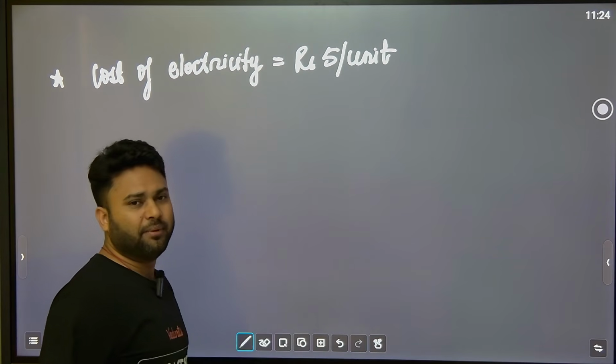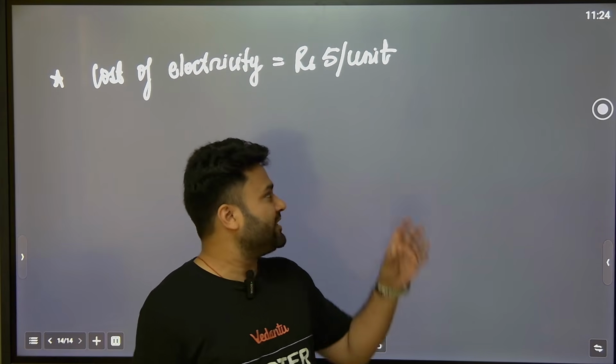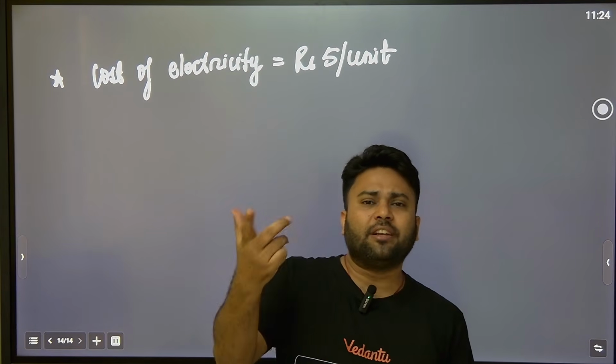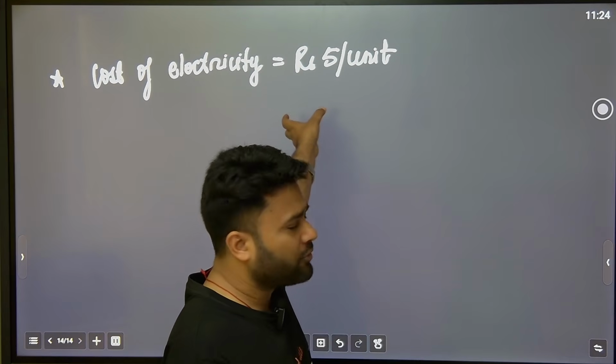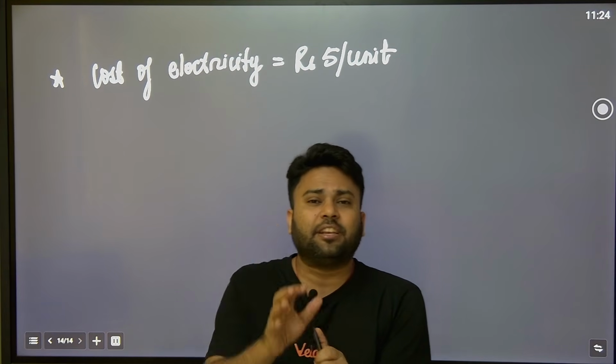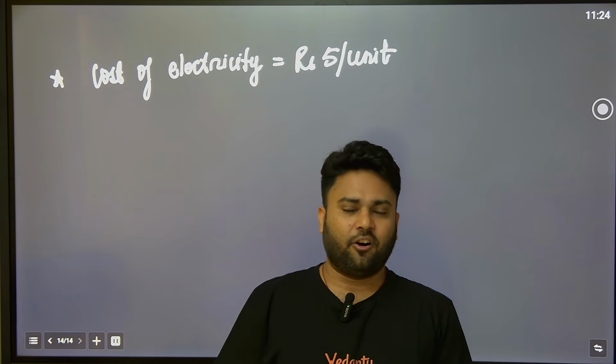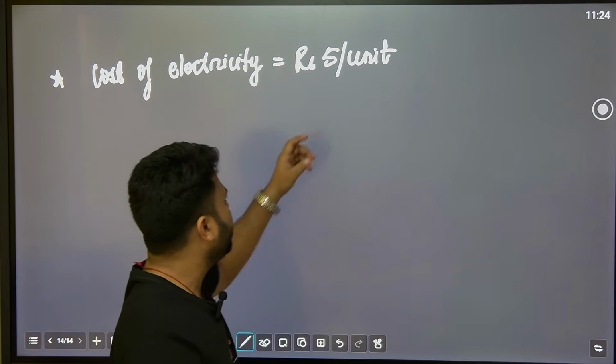What does this mean? Means if you consume 1 unit, they will charge rupees 5. Means if you consume 1 kilowatt hour, they will charge rupees 5. Means if you consume 3.6 into 10 power 6 joule of energy, they will charge rupees 5.